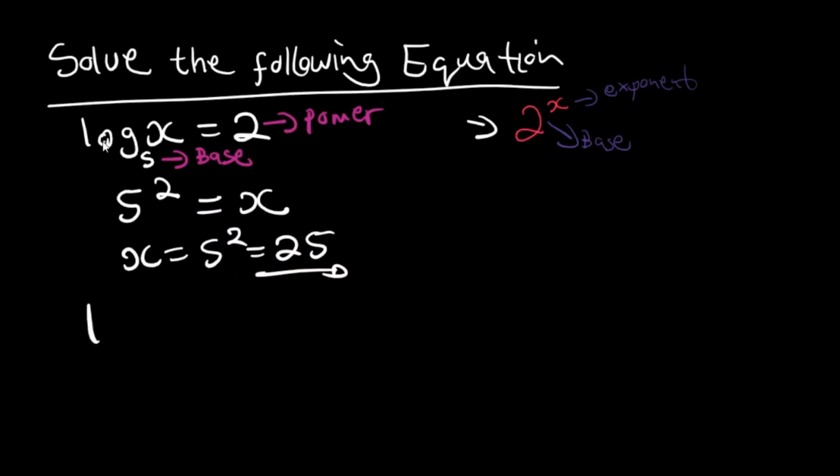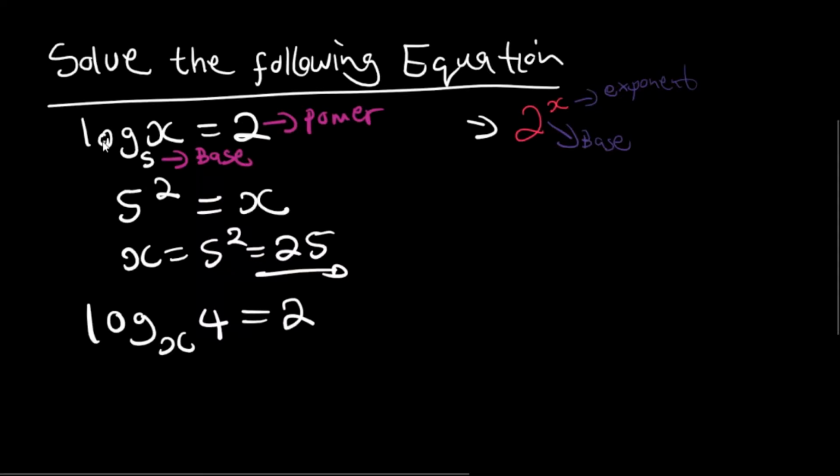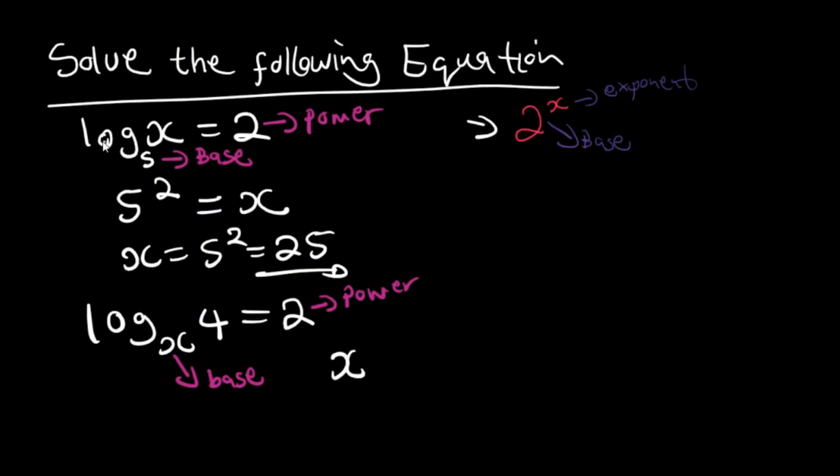Let's say now you have log of base x of 4 being equals to 2. We know that this 2 over here is going to be our power, and this x over here is our base. So now to solve this equation, we're going to start with our base, say x, and then our power, x to the power 2 equals 4.